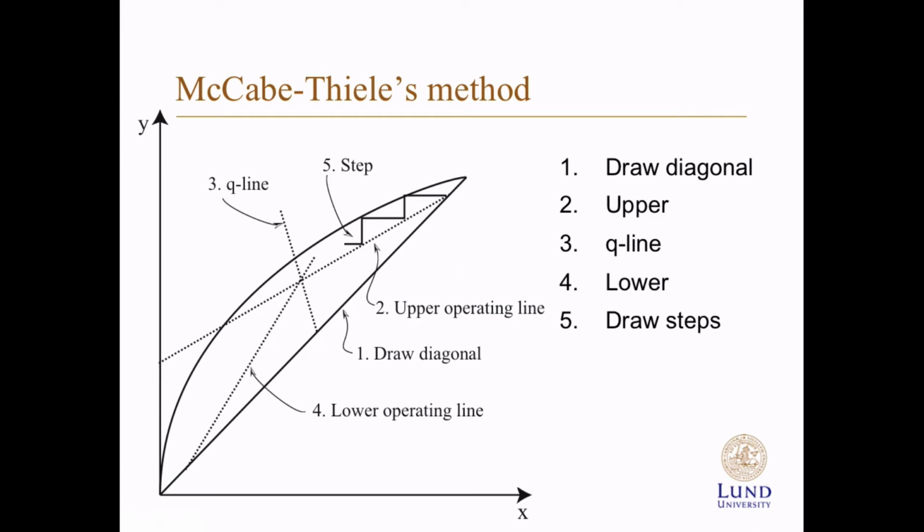And in McCabe-Thiele's graphical method, we drew the diagonal, and then the upper operating line, the lower operating line, and the Q line. And well, if we're naughty, we could give you an example where you have to draw them in another order. But this is essentially the way we do it in this course. And a more difficult question would be to say, okay, you have this distillation column, it has so and so many physical trays.